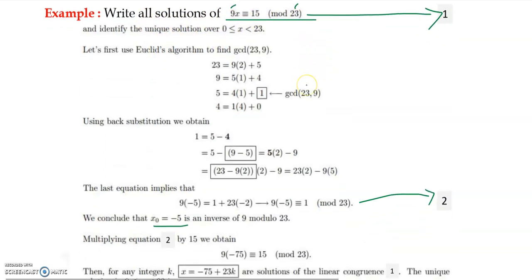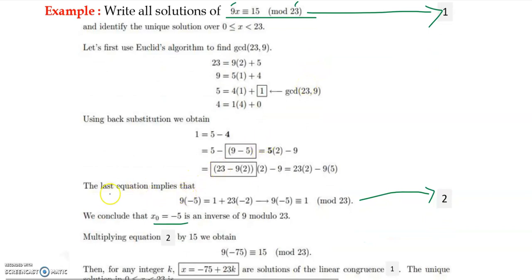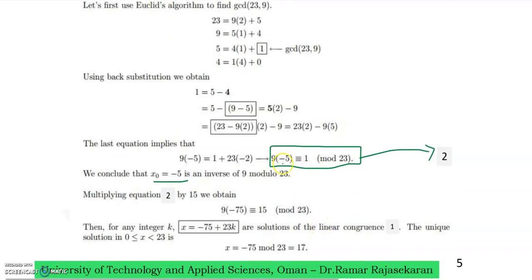Now see here, what we do: multiply equation 2 by 15. This is equation 2, we multiply by 15. So what will happen? 9, I keep just 9, then minus 5 multiplied by 15 is minus 75, congruent to, here you multiply 15, so 1 becomes 15, modulo 23.